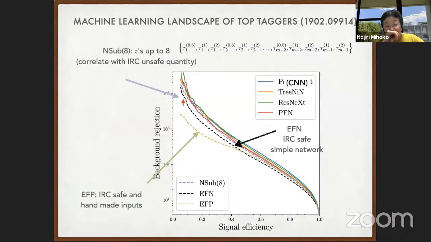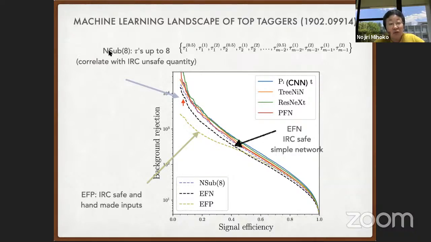Here you can see these lines, this is something called the energy flow polynomial, which uses only the highly IRC safe handmade input. And this is a linearized version of the energy flow network, so this is the IRC safe simple network.